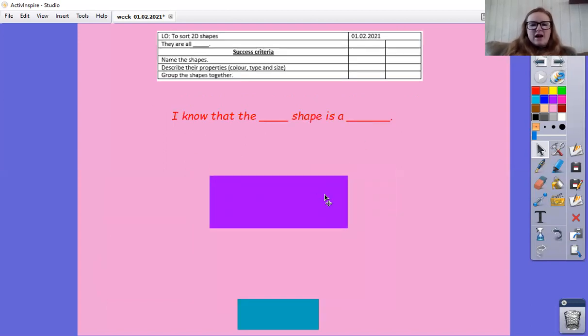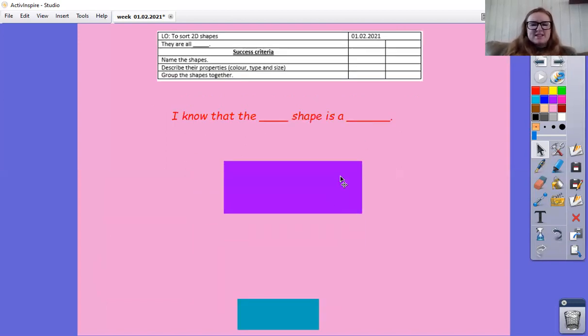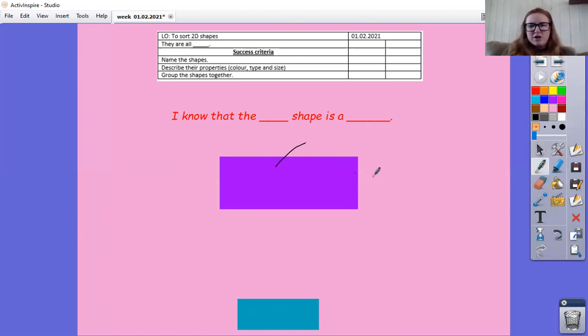So let's just have another look at this one here. So what shape is this? Well, let's have a look. So how many sides does it have? It has 1, 2, 3, 4 sides. It's got 4 sides. Are those sides all straight? Yes, all these sides are straight. Are all these sides equal?